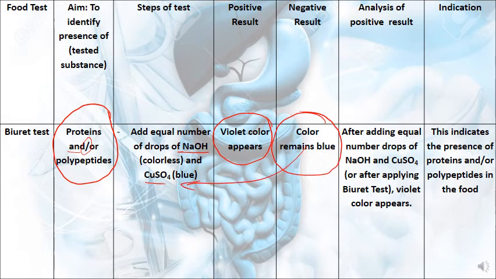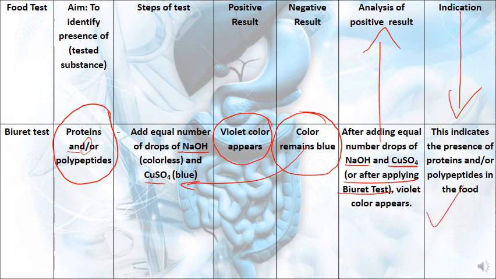So after adding equal drops of NaOH and CuSO4, or you can say simply after applying Biuret test, violet color appears. This is the analysis indication. This indicates the presence of proteins and/or polypeptides, either protein or polypeptide in the food.